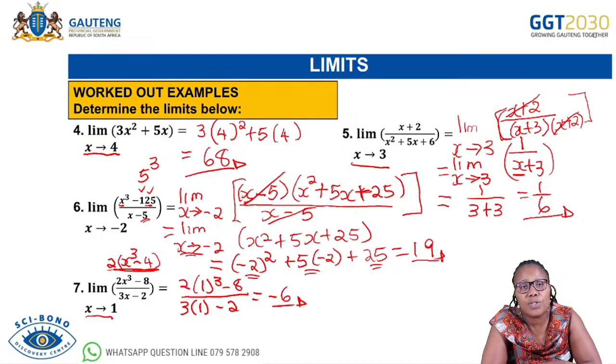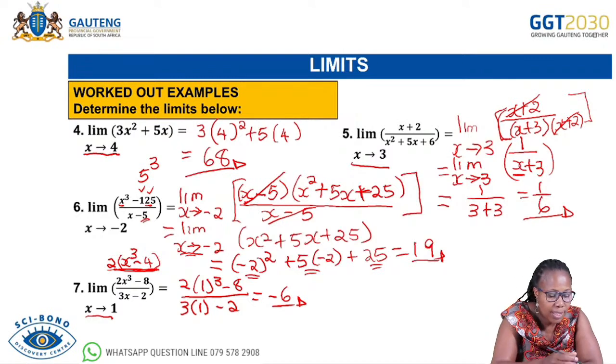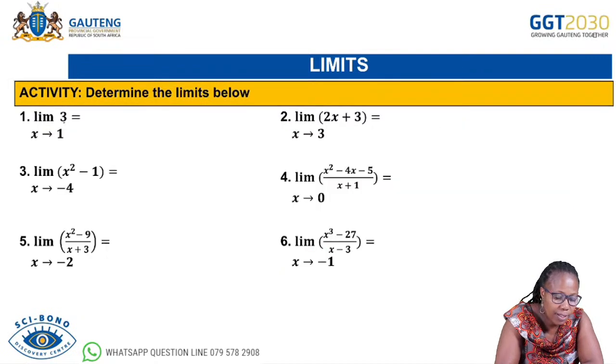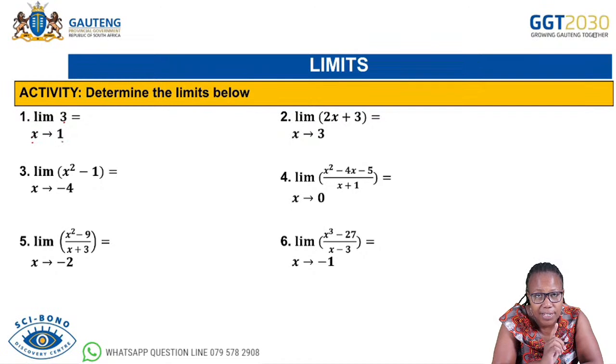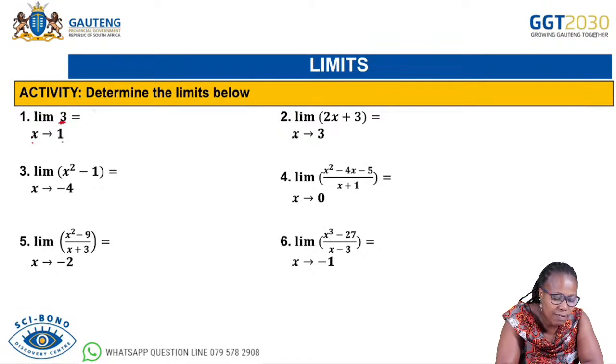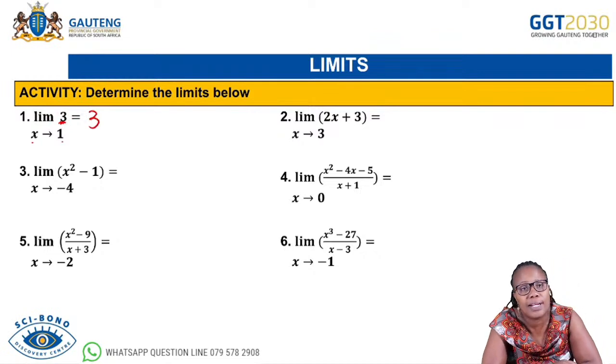Let's look at the first activity there. We are looking at the limit of 3, where x is approaching 1. Remember, we've indicated that if there is no x, the same constant value that is given on that side is your answer. Done. Please ensure that there is no limit on your answer, only equals to 3.